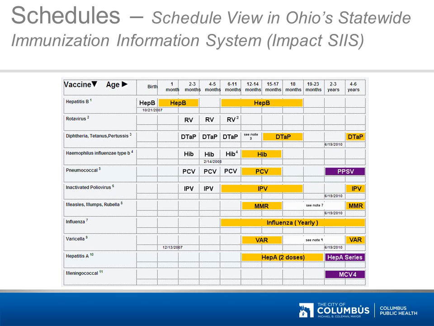In addition to summary pages, SIIS, the statewide registry for immunizations in Ohio, makes scheduling easier to see when vaccines are due. SIIS has a feature that shows a child's vaccinations together with the ACIP recommended schedule.